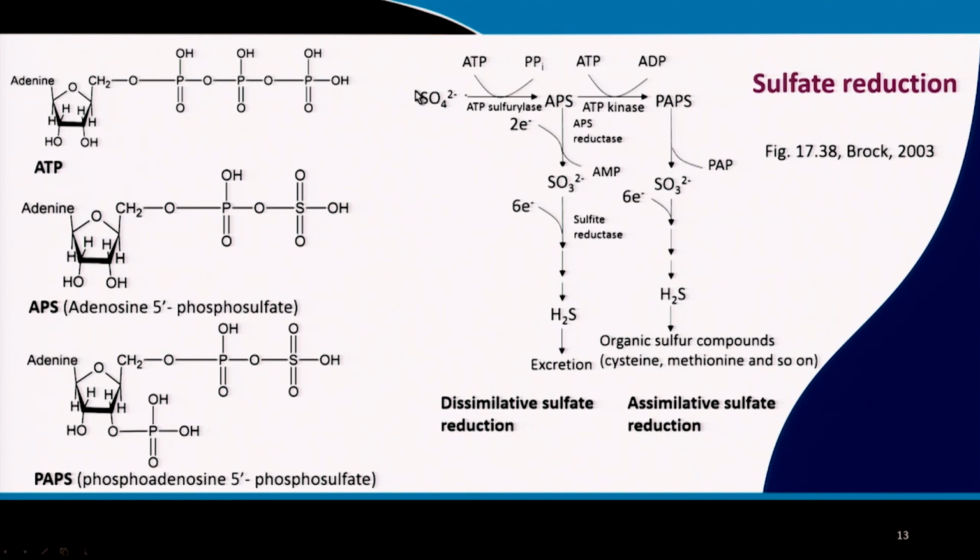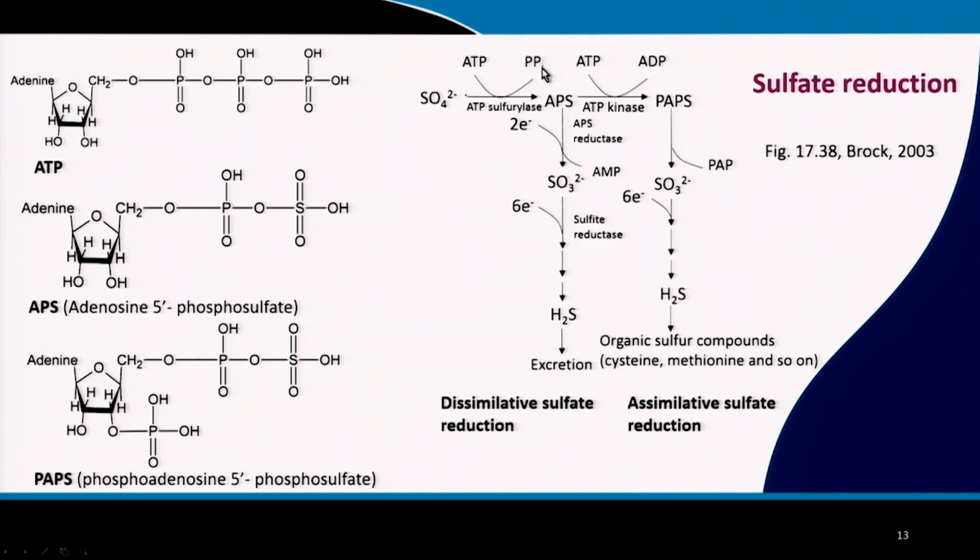One of the major compounds that is involved in this reduction of sulfate is called APS, and that is adenosine 5-phosphosulfate. So if you look at ATP, two of the phosphates in ATP have been replaced by a single sulfate, and that is what APS is, adenosine 5-phosphosulfate. Now this adenosine 5-phosphosulfate is used to activate the sulfate molecule.